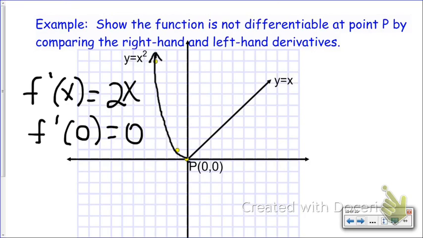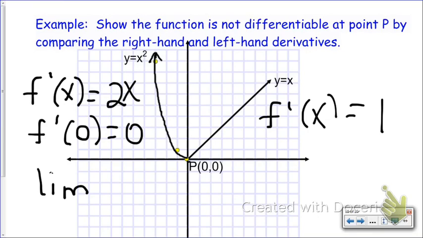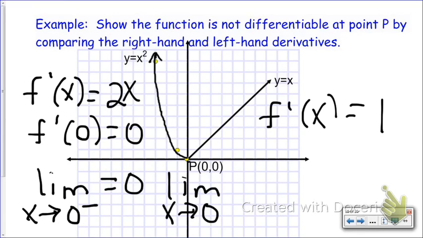Recall that this is a straight line, so its derivative is always going to be a constant, which is the slope, 1. So the limit as x approaches 0 from the left is 0, and the limit as x approaches 0 from the right is 1. We're now showing that it's not differentiable because the left and right hand derivatives are not equal.